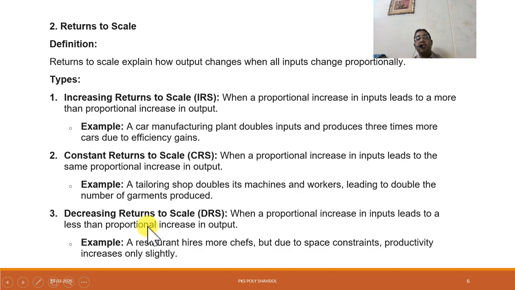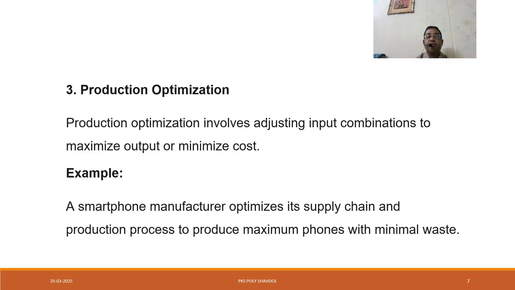So this is the decreasing return to scale, DRS. So IRS, CRS and DRS. Example: a restaurant hires more chefs but due to space constraint productivity increases only slightly, not proportionally. When you increase the input, output does not increase correspondingly.